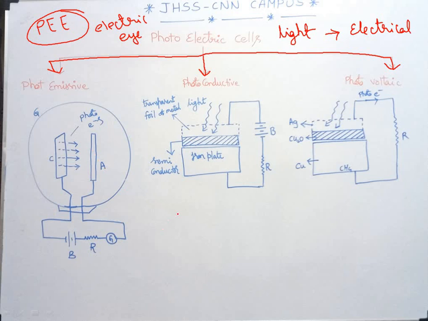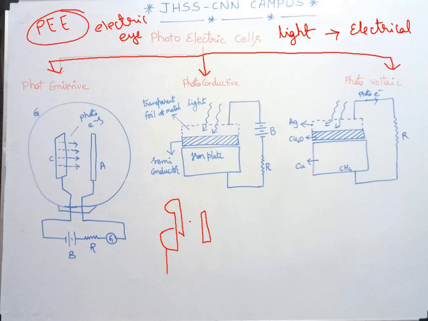Actually, it will be like a curved surface. The entire surface will be like this. I am speaking about this cathode. This will be mounted like this, and here will be the anode.